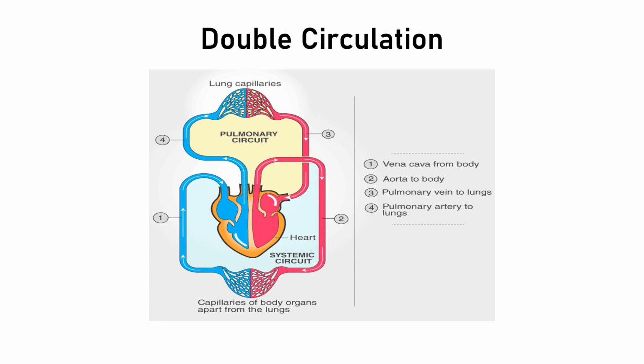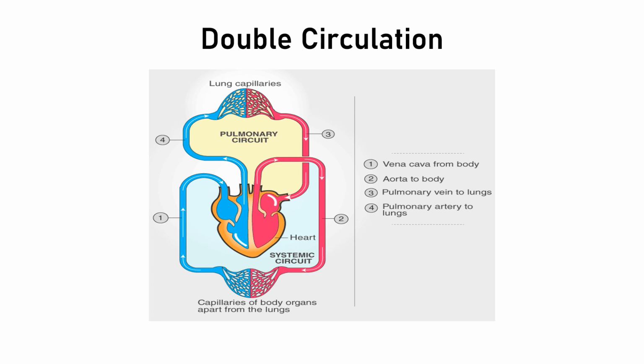Now coming to the diagram of the double circulatory system, right? So let's start from the A part, that is, these are the veins, major veins.